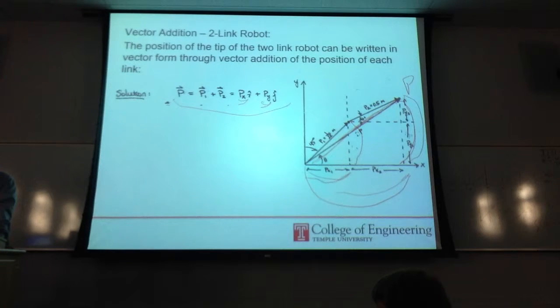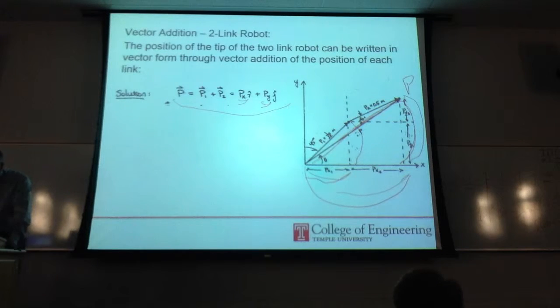Yes. The I and j are vectors. The px and py are scalars. All right? That's why we are using I and j, because we are showing it as a direction cosine, basically directions in the x and y direction.